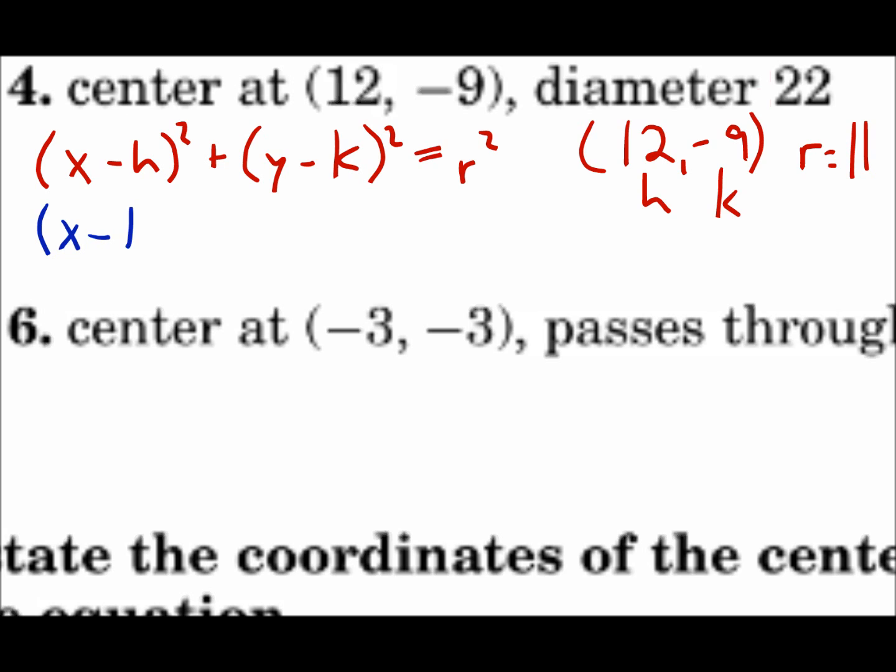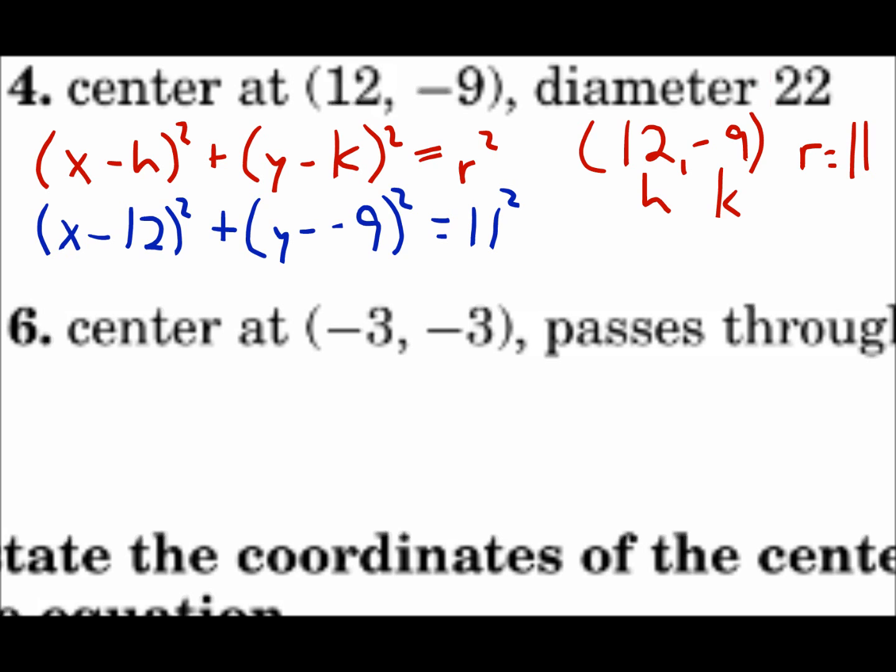x minus h is x minus 12, plus y minus k, be careful with your negatives here. k is negative 9, so that will be y minus negative 9, and r is 11.